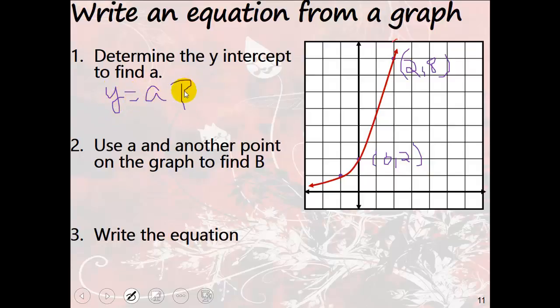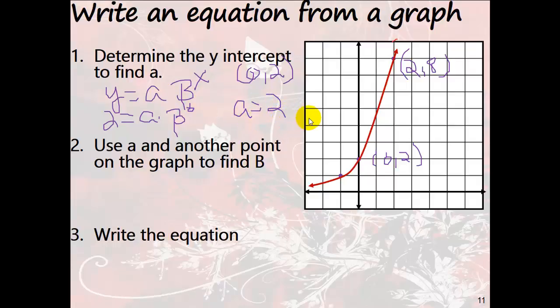We're not going to worry about any shifts or anything, okay? So in order to find A, I'm going to plug in (0, 2). So 2 equals A times B to the 0. B to the 0 is 1, so that means A has to equal 2.